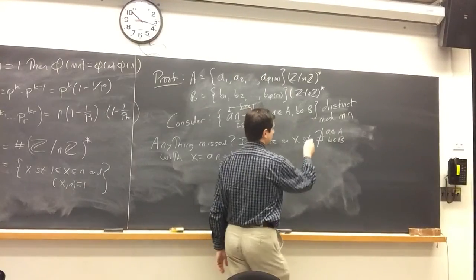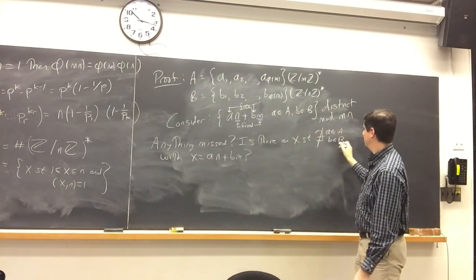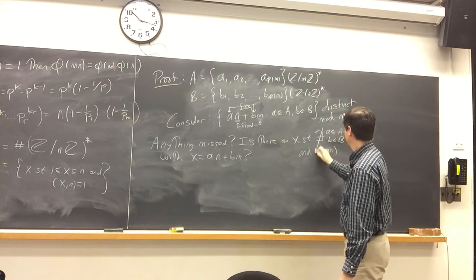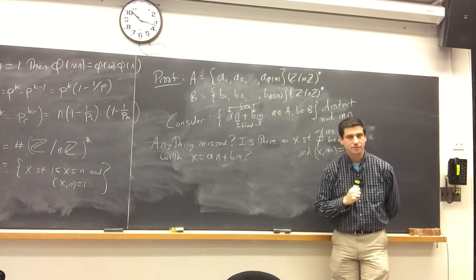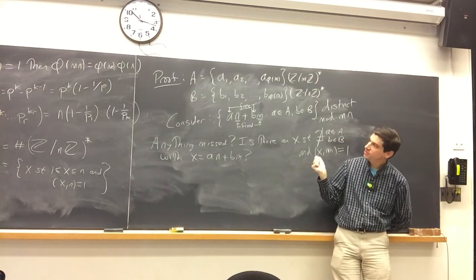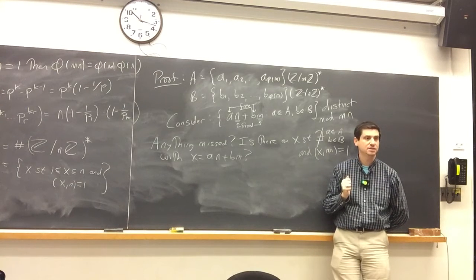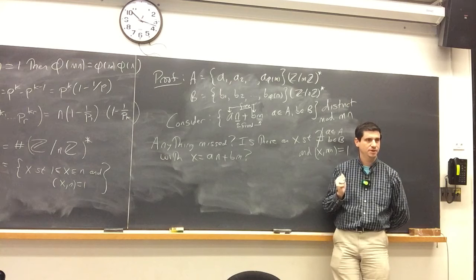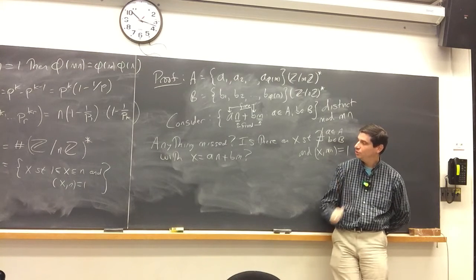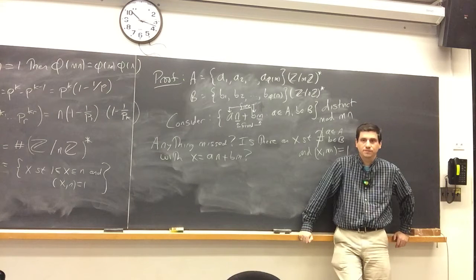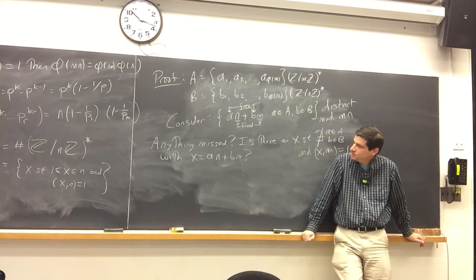Is there an x such that there's no a in A, and we need gcd of x and mn equals 1? We're not trying to do this for an arbitrary x. We're trying to do it for an arbitrary x in Z mod mn Z star, for an x that's relatively prime. Those are the only ones we need to look at. So how might you try to approach this?